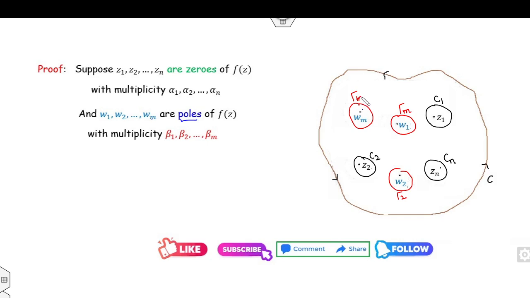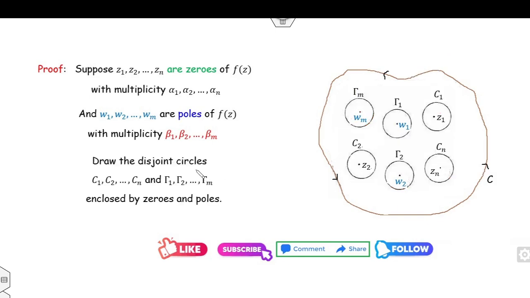Each of these circles has radius rho, and we can define these circles to be disjoint. So draw the disjoint circles Ci and gamma j corresponding to the zeros and the poles.